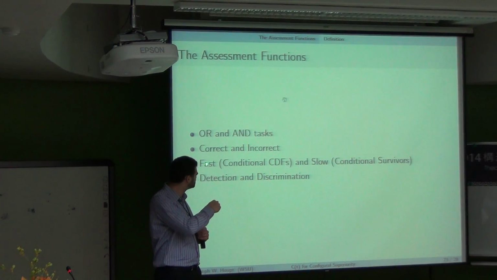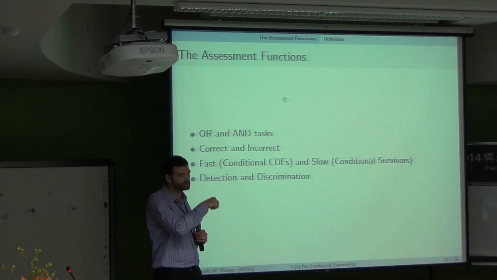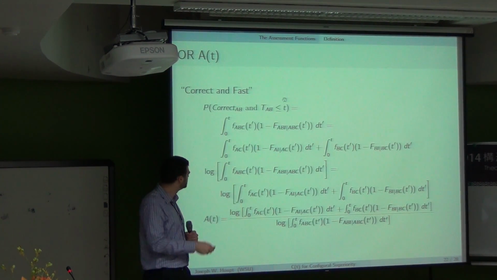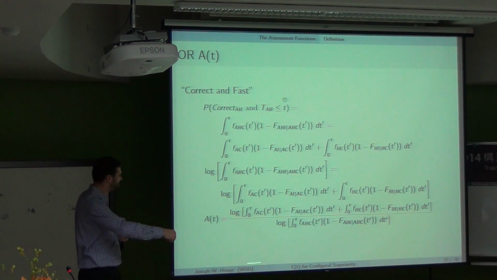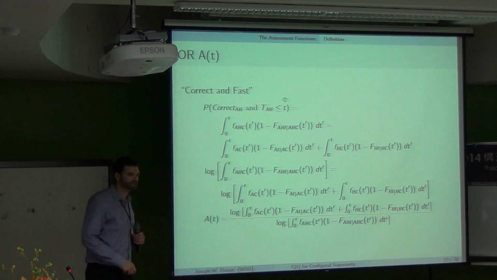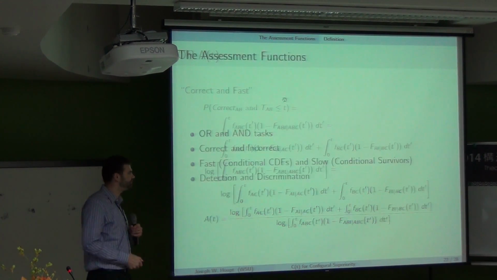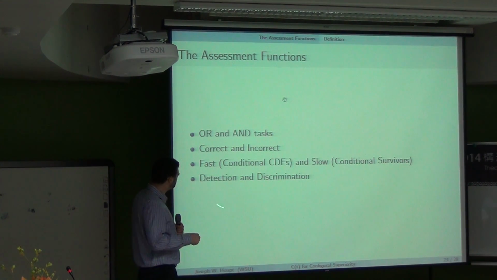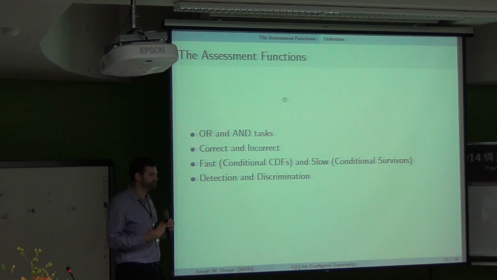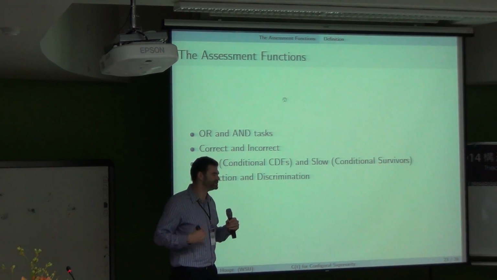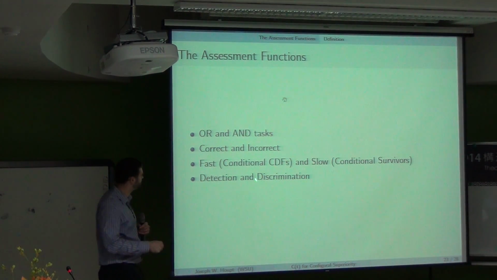So this sort of corresponds to how we develop the AND capacity coefficient and the OR capacity coefficient. So we can again look at this joint both ways, and you get something kind of similar to this. There might be a mess of more terms out there, but the same basic idea. And then there's also the OR task that can vary between whether you're doing a detection task and a discrimination task, just based on the different ways you could accidentally be right in a detection task.